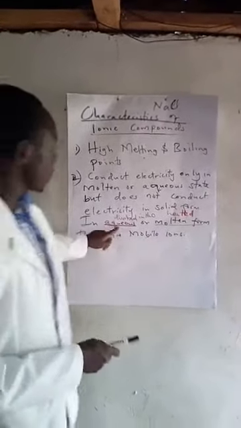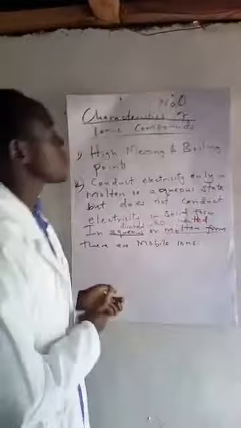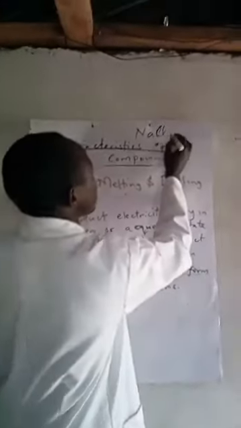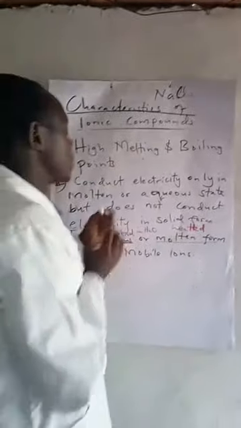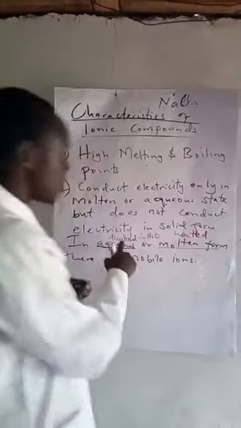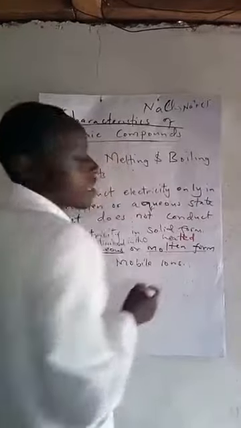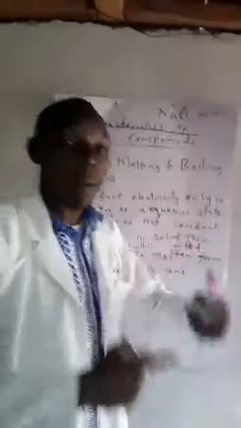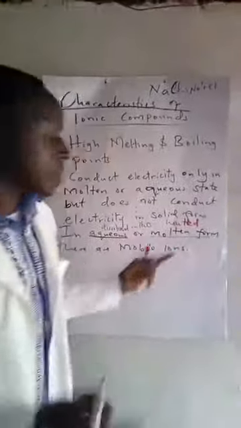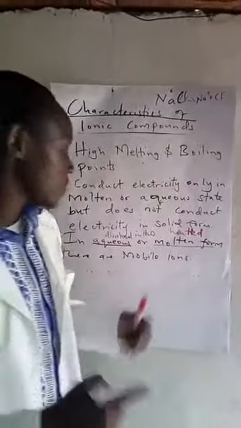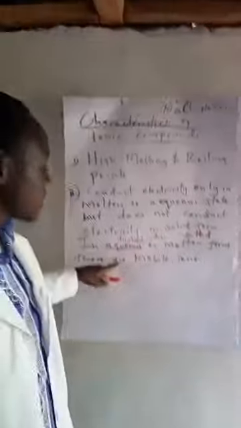So in aqueous state, we will have sodium ions. When it is either dissolved in water or heated, you have sodium ions and chloride ions. These ions will move about the water or the melt. When they move about the melt or the water, they are said to be mobile.